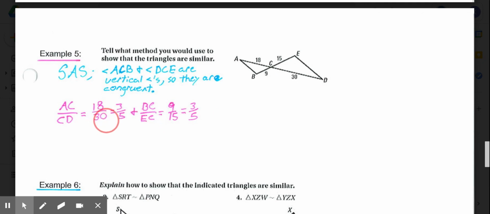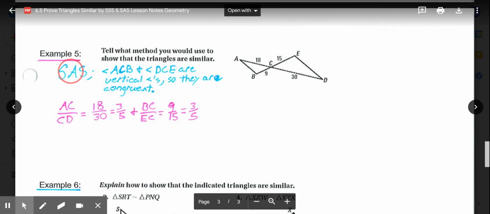So 18 over 30 simplifies to 3/5. And then BC, the shorter side, over CE, the shorter side, 9 over 15 also simplifies to 3/5. So the sides are proportional. The included angle is congruent. So yes, these are similar by side angle side.